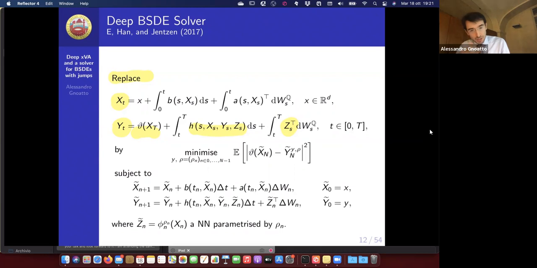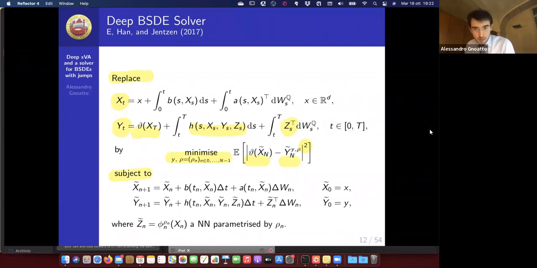What we want to do with this solver proposed by E, Han and Jentzen is think about this forward-backward system as the solution of a stochastic control problem that we discretize in time. You want to minimize the expected squared distance between the terminal payoff and the terminal value of your BSDE, subject to discretized dynamics.